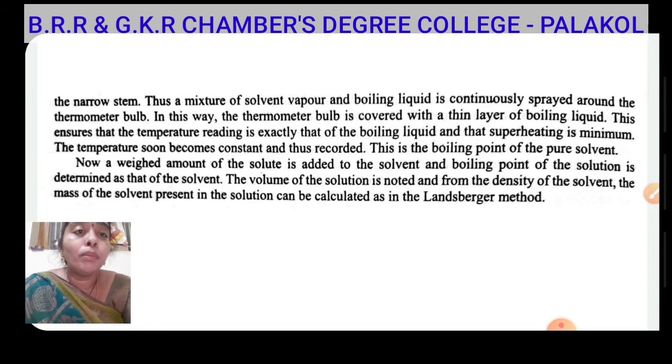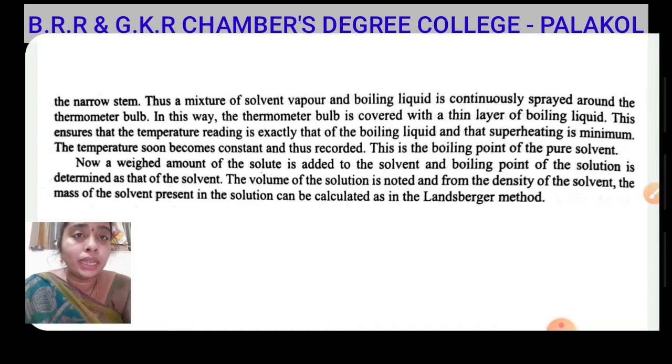Now a weighed amount of the solute is taken and added to the solvent in the graduated boiling tube, and again the boiling point of the solution is determined, just as for the solvent. The volume of the solution is noted.